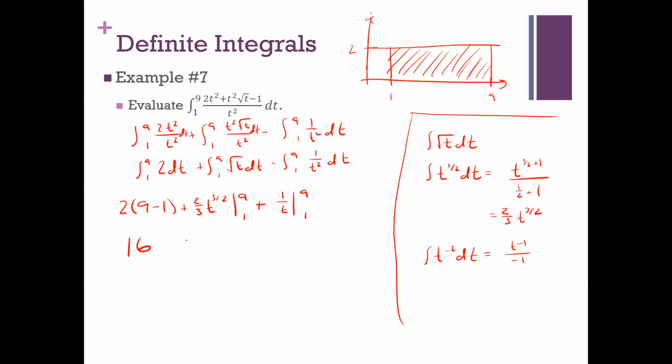So just for the sake of completion, let's go ahead and hammer out this result. 16 plus 2/3 times 27 minus 2/3 times 1 plus 1/9 minus 1. If anybody wants to approximate that, you're more than welcome, but I'm not going to.